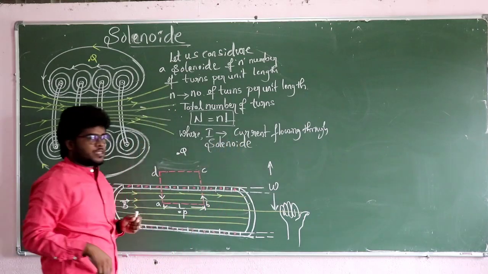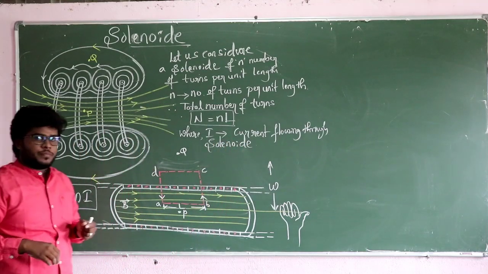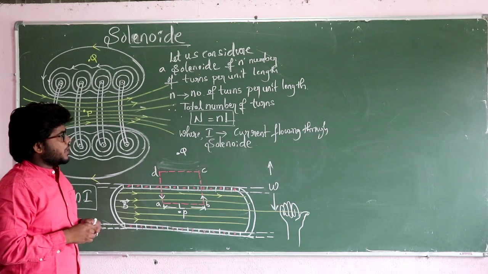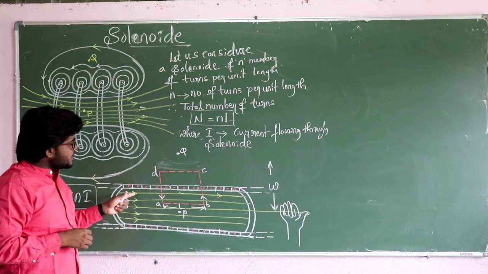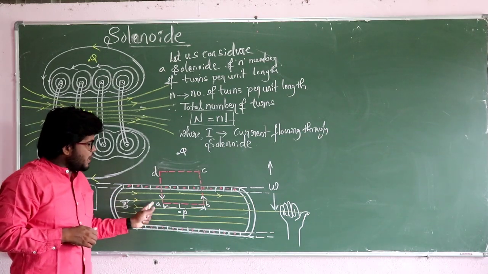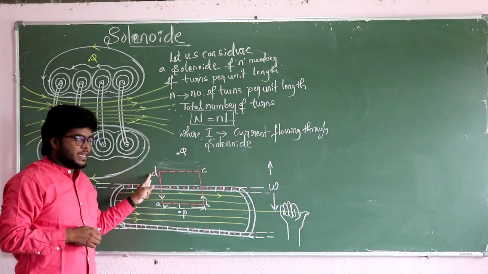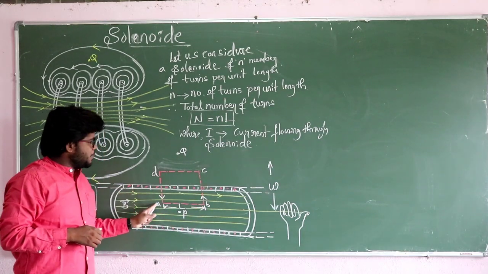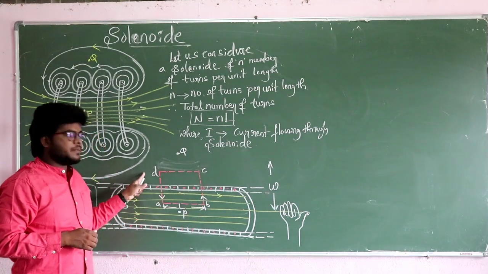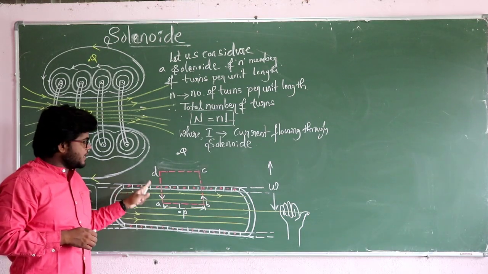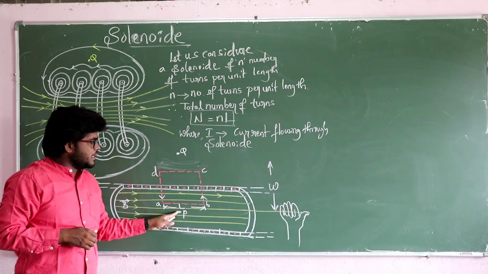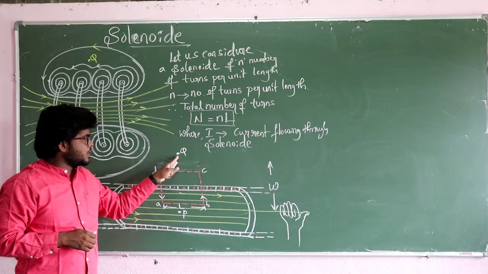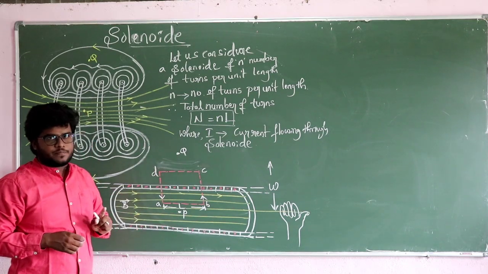Current flowing through the solenoid, you write. Understood? Okay. Now consider an Amperian loop ABCD. Consider an Amperian loop ABCD such that P is the inside midpoint, Q is the outside point.